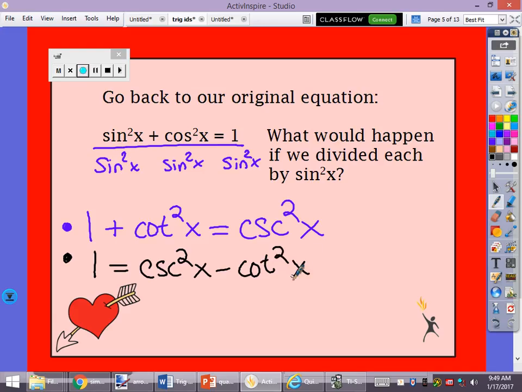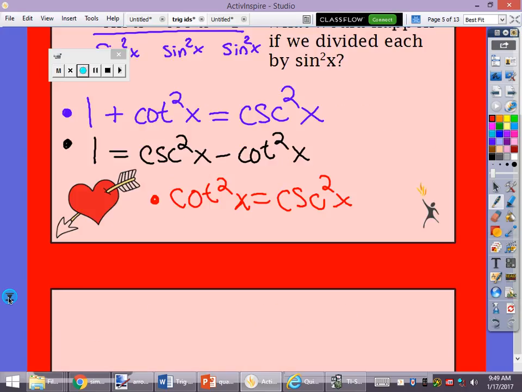I believe this is the one they give you on the formula sheet, not the blue one. Okay? And let's manipulate. Let's get cotangent squared by itself. That's going to be cosecant squared x, what? Minus 1. You now have 6 of the 9 major trig identities.